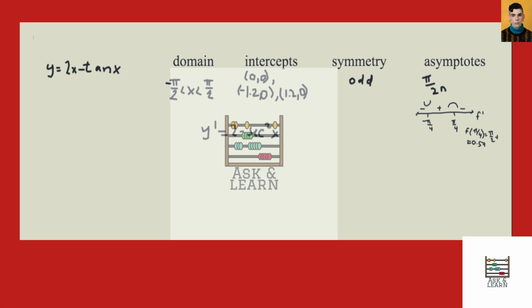Alright, and if that's our first derivative, our second derivative is going to be negative 2 secant squared x times tangent x. Alright, and if we set it equal to 0, we see that x is equal to every pi n, where n is an integer.